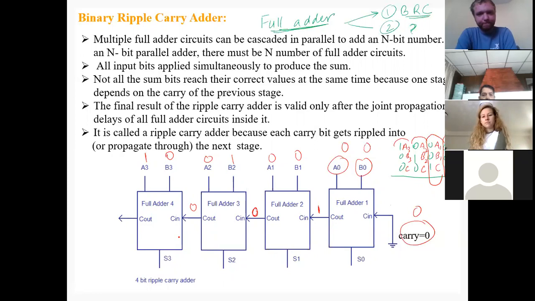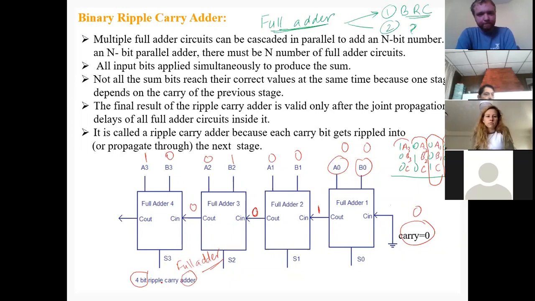So this is a 4-bit full adder, okay? In this picture, this is a 4-bit full adder.